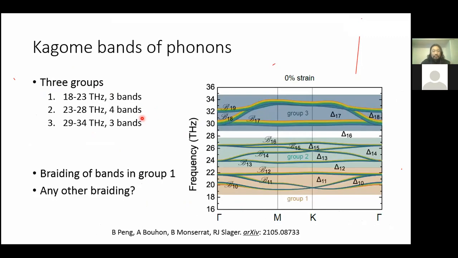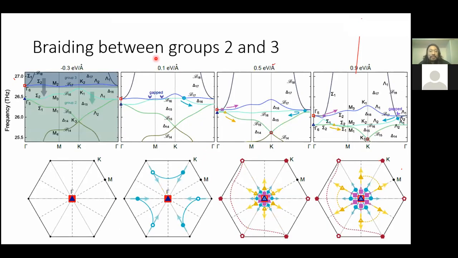Now we understand the braiding of bands in group 1. So the question is, are there any other braiding processes in these configurations? At least, we can now analyze the braiding between group 2 and group 3. We can see that with increasing electric field, these bands 16 and 17 also go down, and band 16 of group 2 moves down slower than 17.